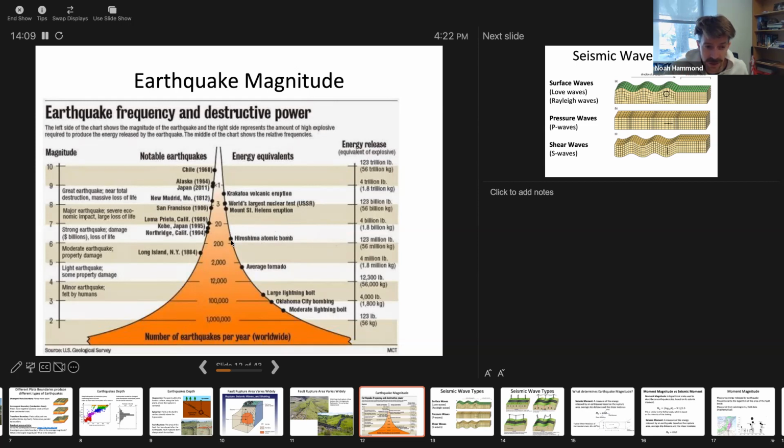And the earthquake magnitude scale is logarithmic, so a magnitude 7 earthquake is 10 times as strong as a magnitude 6, right? And so magnitude 7 earthquakes release 10 times the amount of energy that atomic bombs do, right?